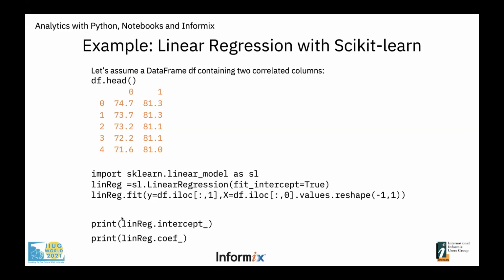Let's assume we have a data frame, a df, and df.head just shows you the first rows of that. And let's assume we have two columns, and these two columns are somehow correlated, because if you want to do linear regression, they have to be correlated.